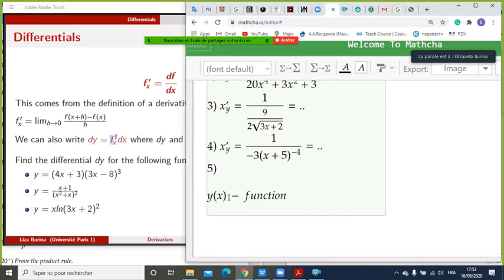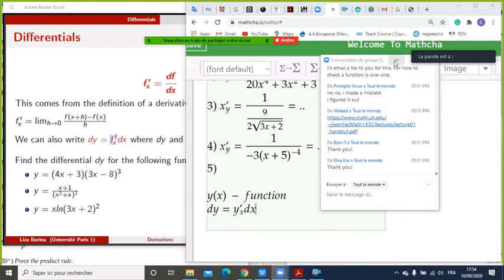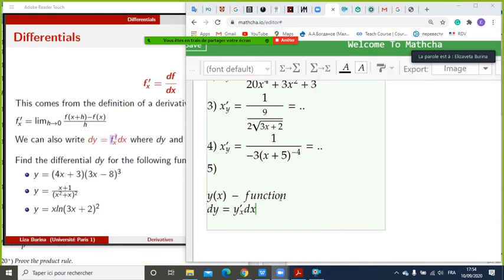I'll fix that. So y is a function, and dy, the differential, will be equal to y prime x times differential dx. It's very simple when you do it.